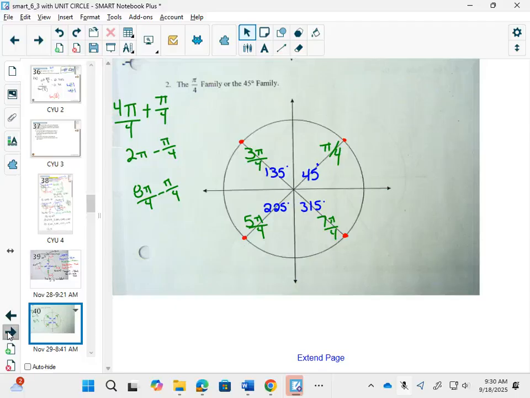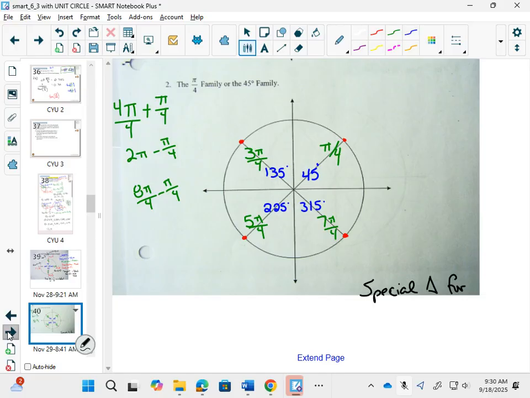Trigonometry, sine, cosine, and tangent are based on triangles. So what we're going to do, and you can put this somewhere on your paper here, is a special triangle, and I'll do it in degrees, because you guys can think better in degrees still.